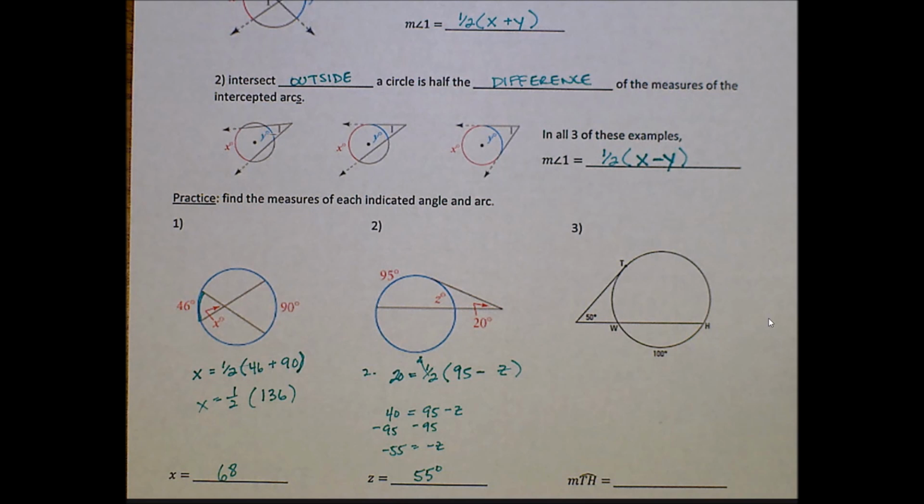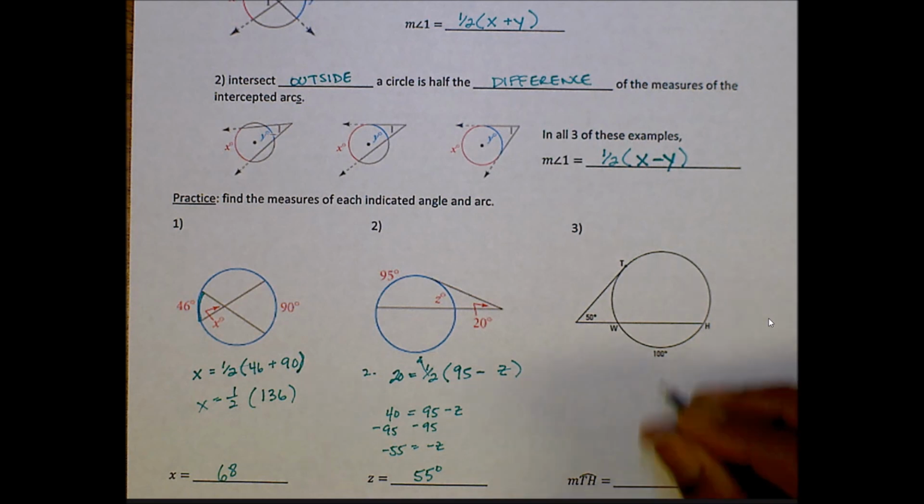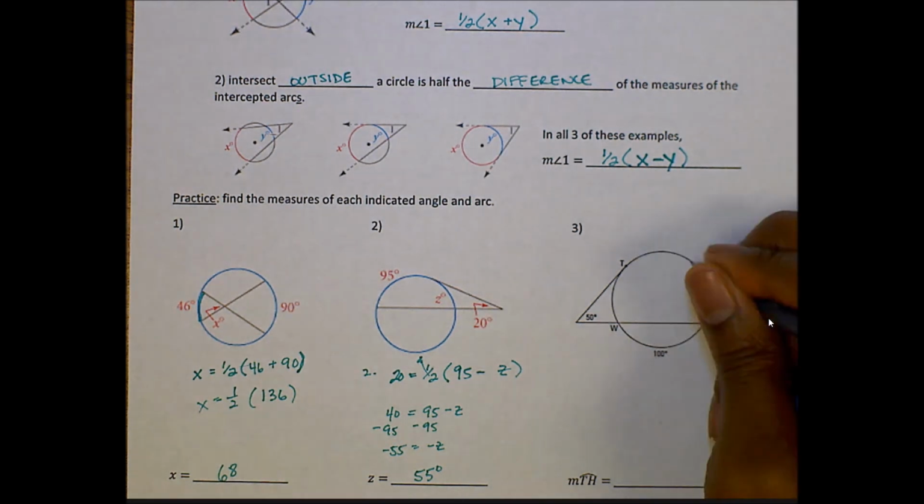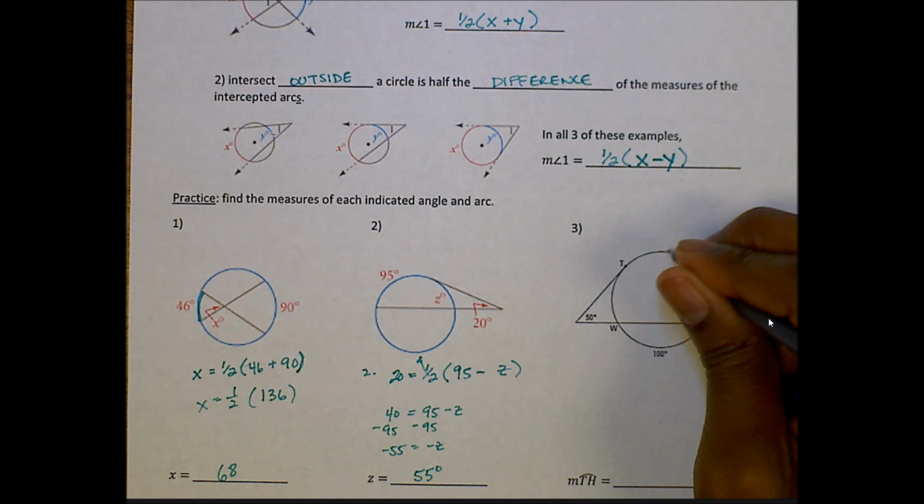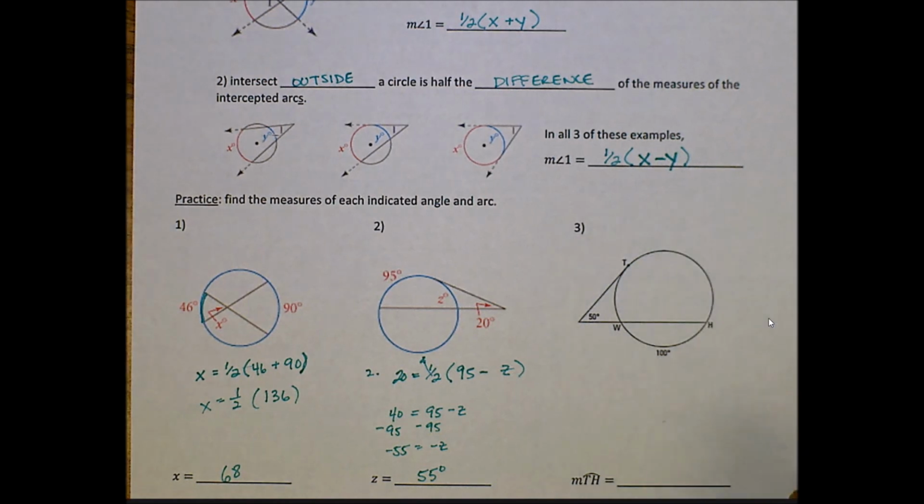For number 3, find the measures of each indicated arc and angle. Here, it's just arc TH. That's what they want us to find, the measure of arc TH. So this is a little bit of a challenging problem in the sense that it feels like they didn't really give us a whole lot of information at all.